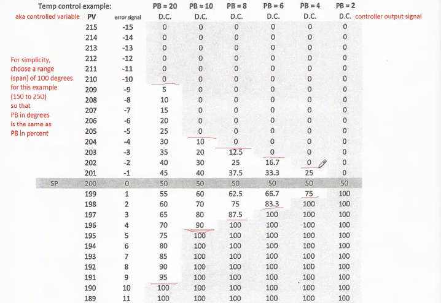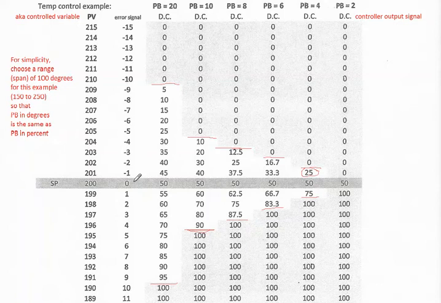So gain should be 5 times greater. And let's see if it is. We can take our change in the process variable of 1 degree that used to cause a change of 5% in the controller output signal. Now that same 1 degree change in process variable causes a change of 25% in the output signal.